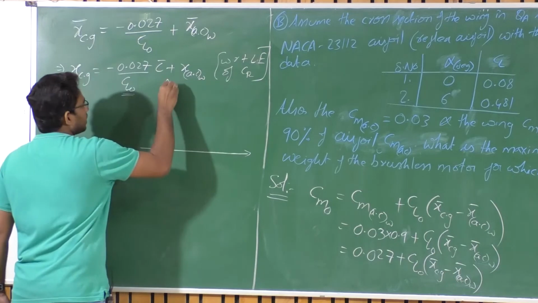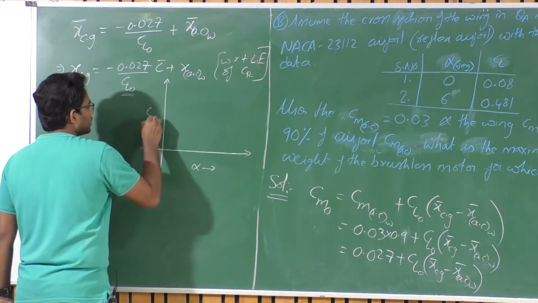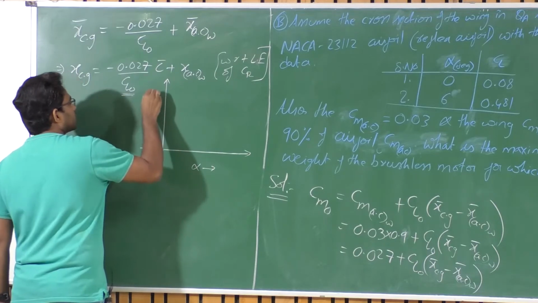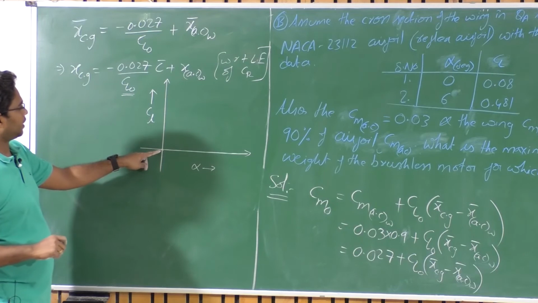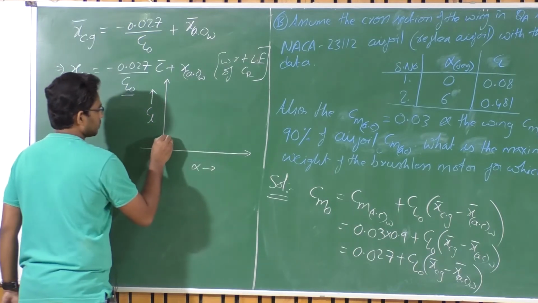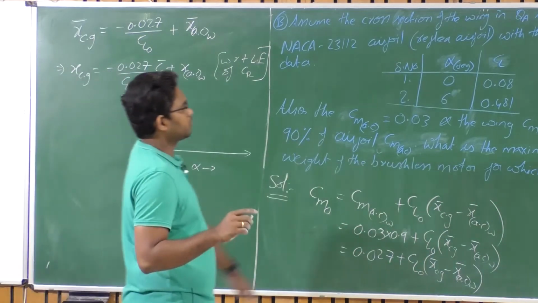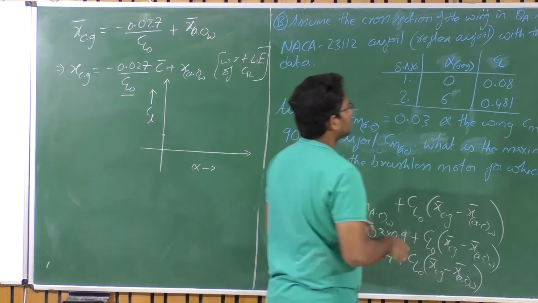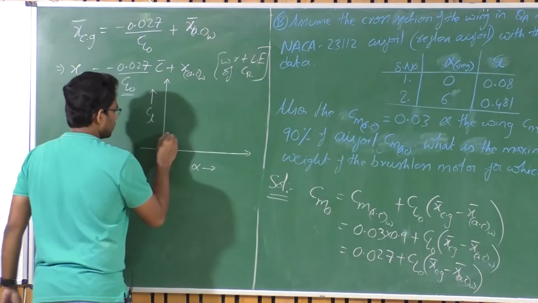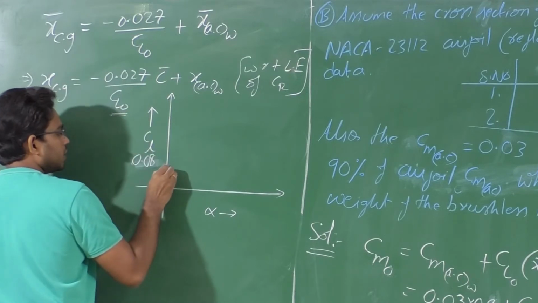At 0 angle of attack, say this is my alpha and this is my 2D CL of the airfoil. At 0 angle of attack, I have CL naught of the airfoil, which is 0.08. So this point corresponds to 0.08 here.